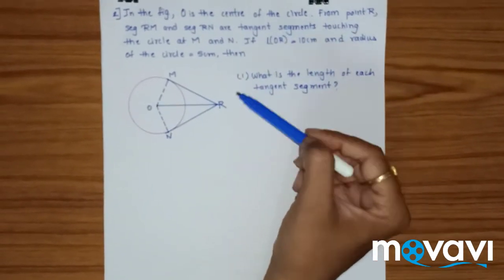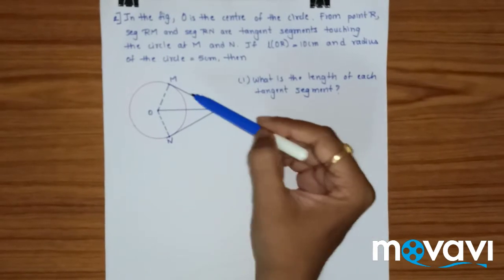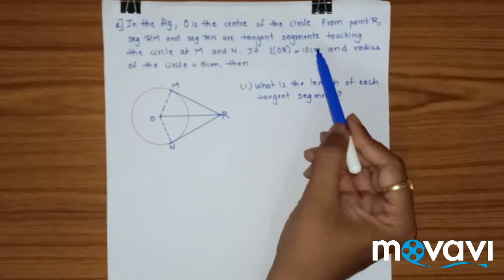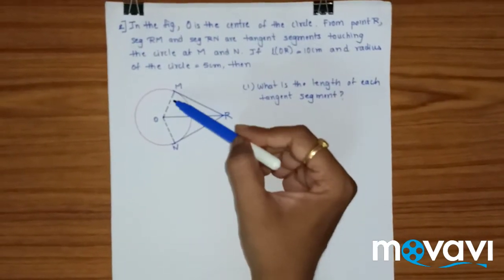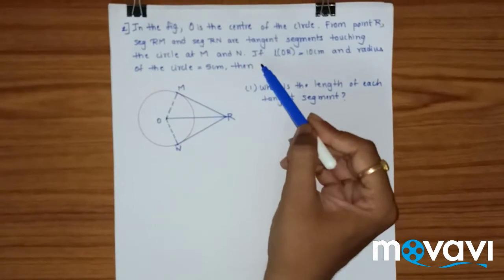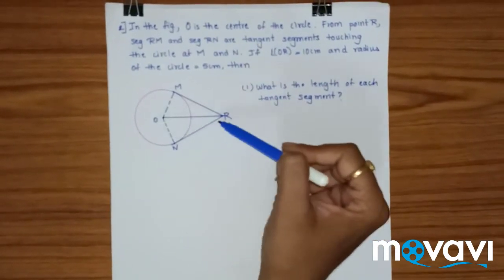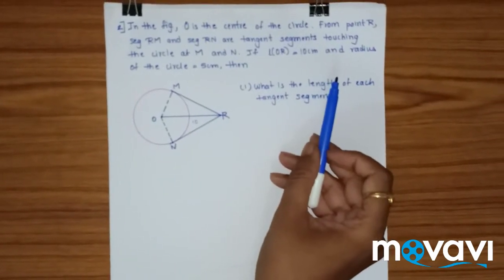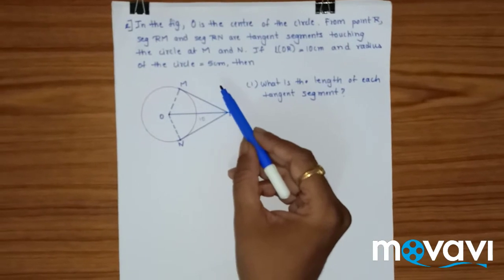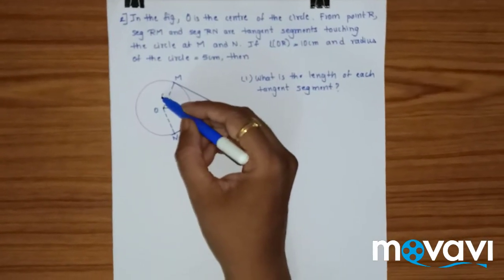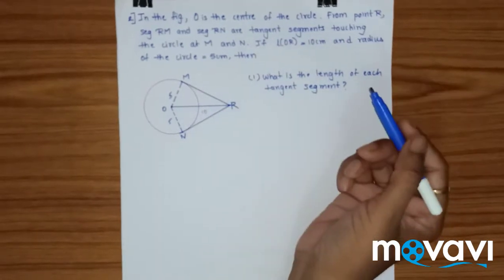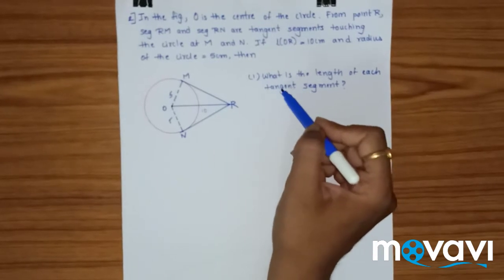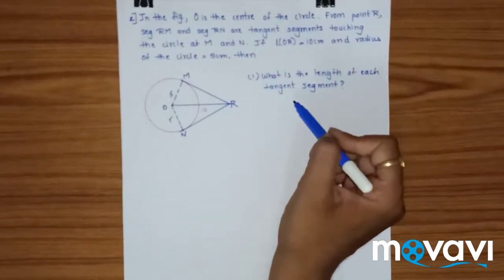From point R, segment RM and segment RN are tangent segments touching the circle at M and N. If the length of OR is 10 centimeter, this is given, and the radius of the circle is 5 centimeter, means the radius over here, OM and ON, these are 5 centimeter. Then first sub question: what is the length of each tangent segment?